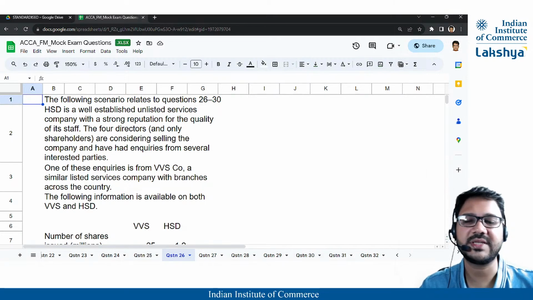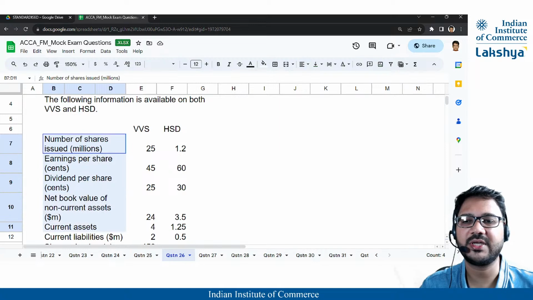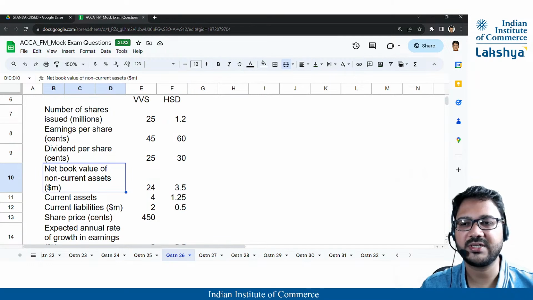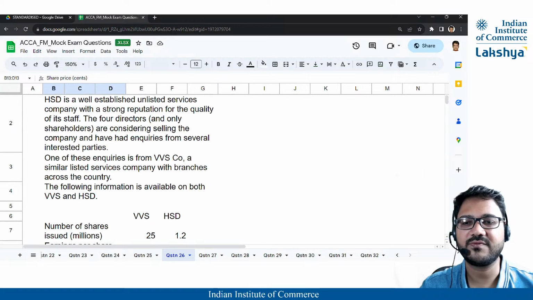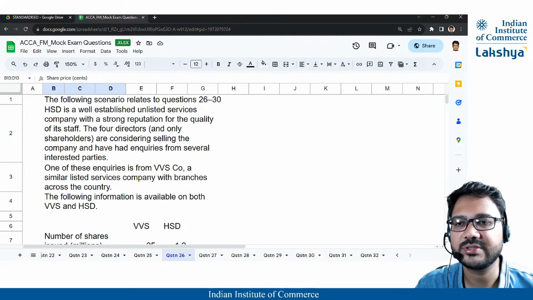So they are basically selling off their company to someone who is similar. Now they have given the number of shares, EPS, DPS, net book value, that is long-term assets, current liabilities, and the share price of VVS company currently. HSD's price is not given, maybe because it's unlisted.